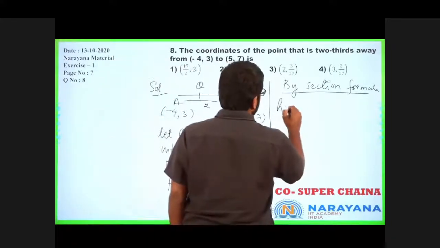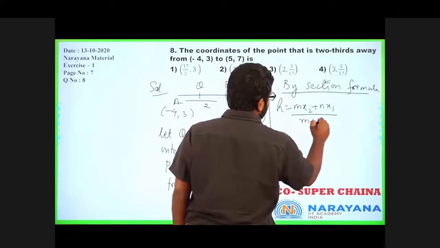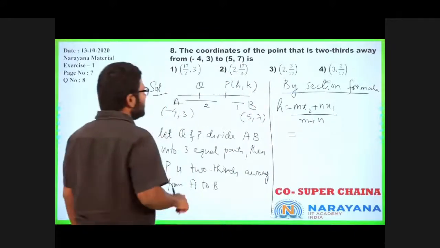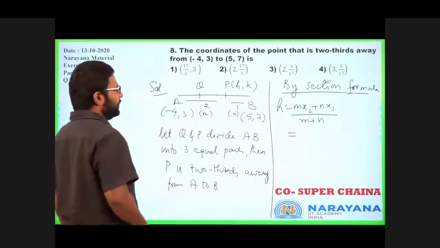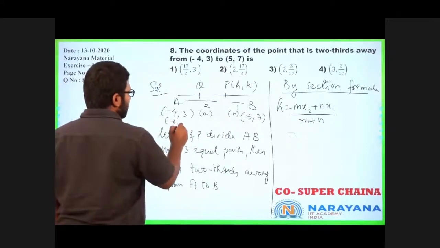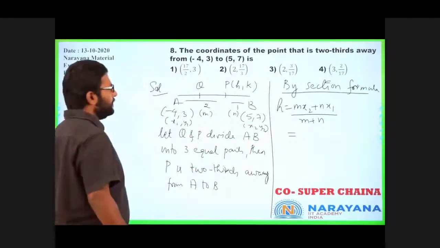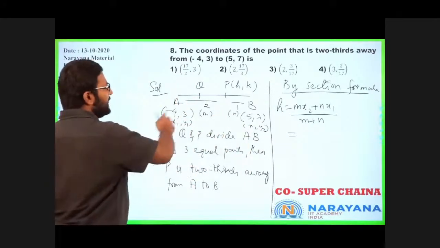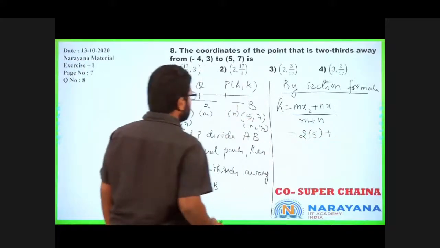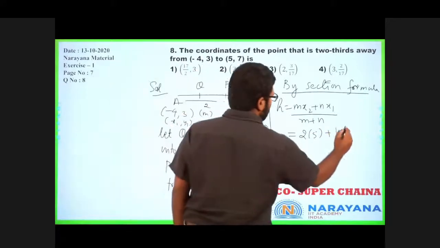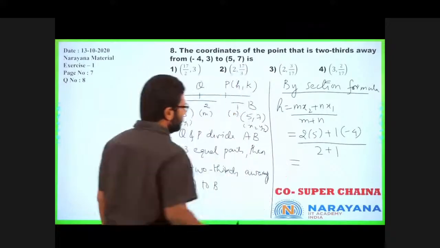Section formula, H is equal to m x2 plus n x1 upon m plus n, right? Which is in this case 2 becomes m, 1 becomes n, right? And this is x1 y1, x2 y2, right? So m x2 plus n x1, which means 2 into 5 plus 1 into -4 upon 2 plus 1, correct?